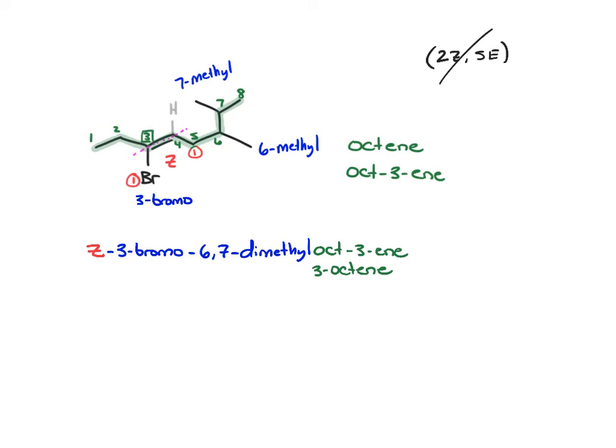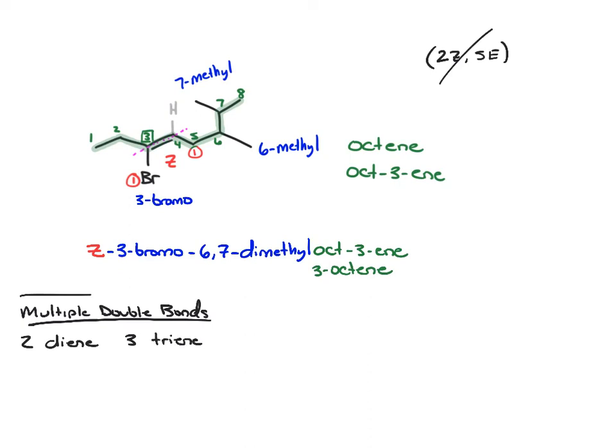The last thing I want to show you how to do with acyclic alkenes is just naming something with multiple double bonds. And the way you want to think about this is if you have 2 double bonds, that's considered a diene. 3 would be a triene. 4 would be a tetraene.